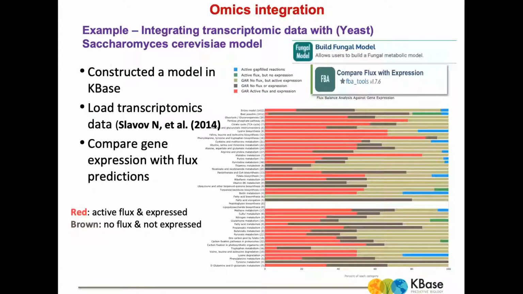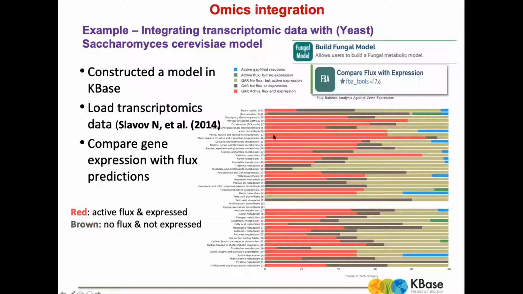This is another example, where I'm integrating transcriptomic data from yeast into a yeast model. We built a model, and this is also part of the workflow that you can see in the narrative, and loaded transcriptomic data sets, and then you compare gene expression with the flux predictions.